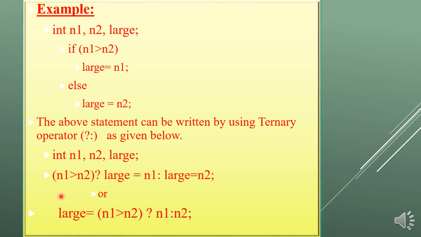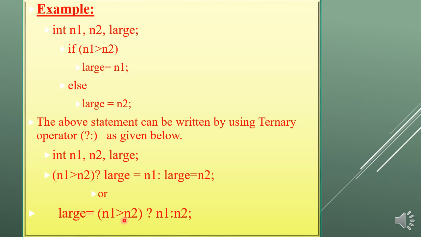So we can simplify this same statement like this, because the variable large is same here. Instead of repeating the variable large, we can write large equals n1 greater than n2 question mark n1 colon n2.